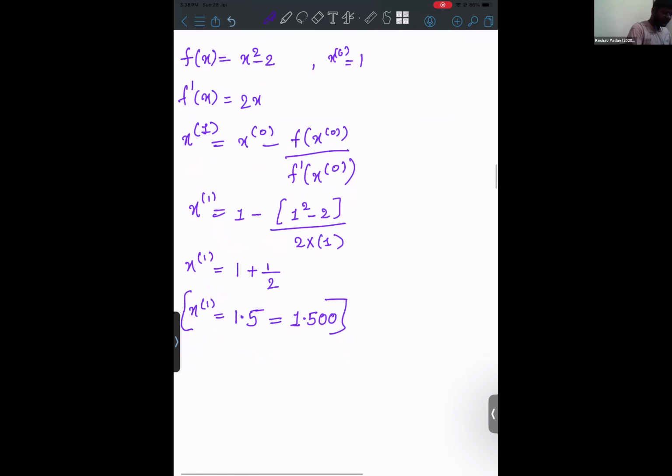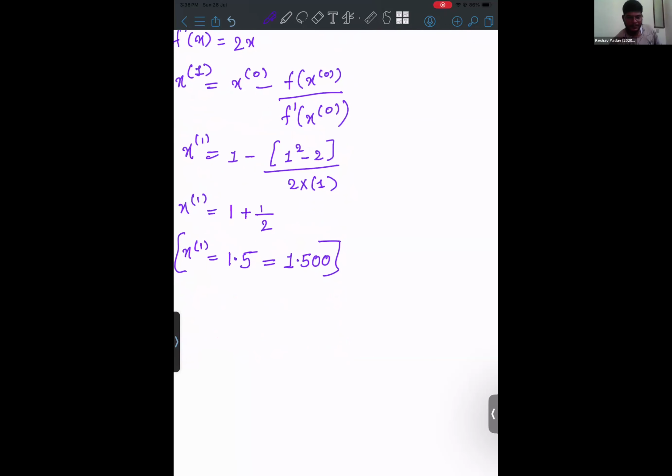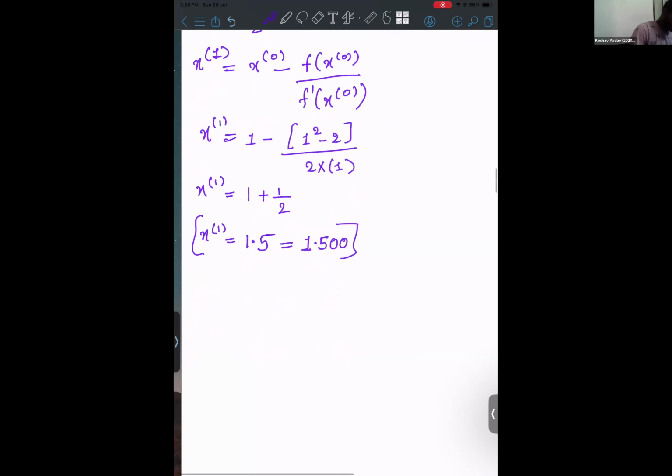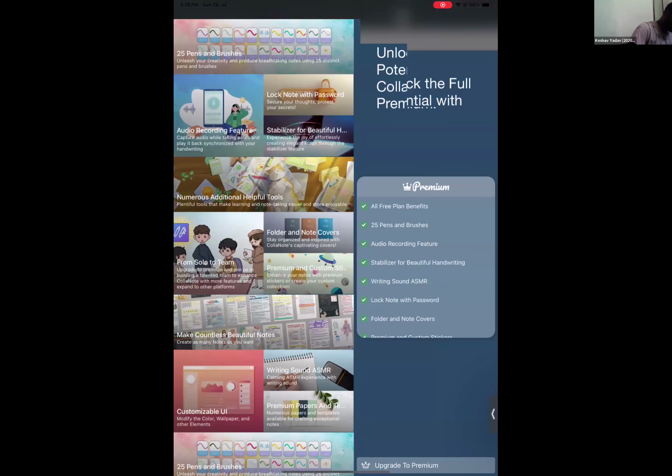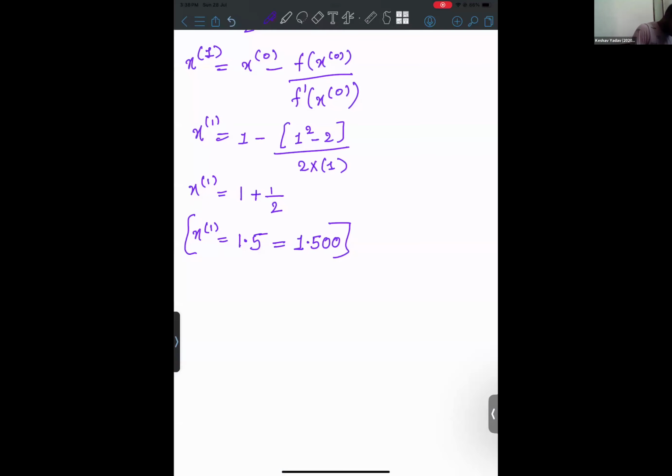Now what will be the value after the second iteration? x at the second iteration will be equal to x at the first iteration minus f of x at the first iteration divided by f prime of x at the first iteration. This is the formula of Newton-Raphson method.